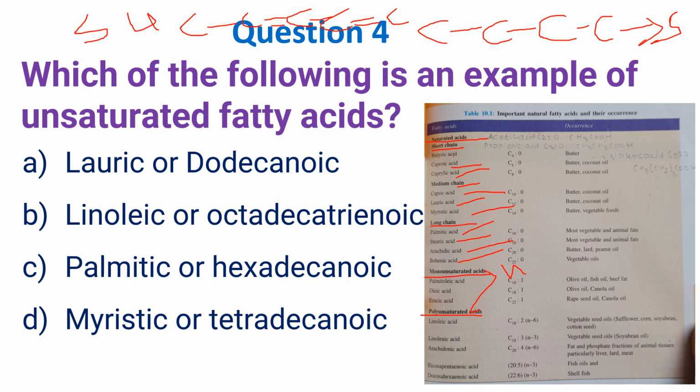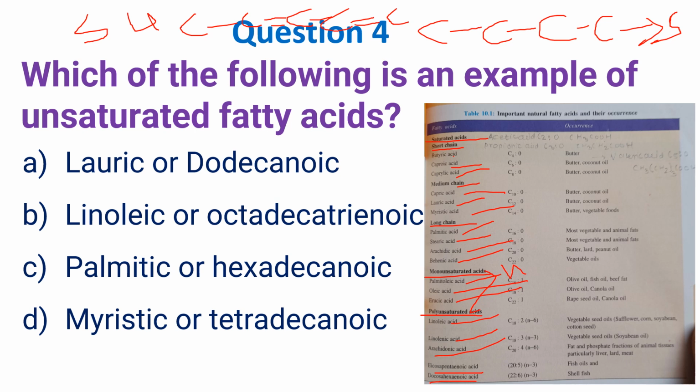Unsaturated fatty acids are, for example, palmitoleic acid, oleic acid, erucic acid. Unsaturated fatty acids: linoleic, arachidonic, eicosapentaenoic acid, and docosahexaenoic acid. This is an example of polyunsaturated fatty acid.